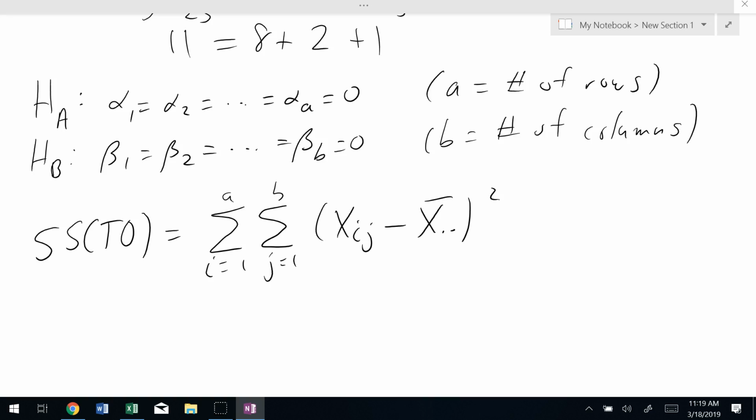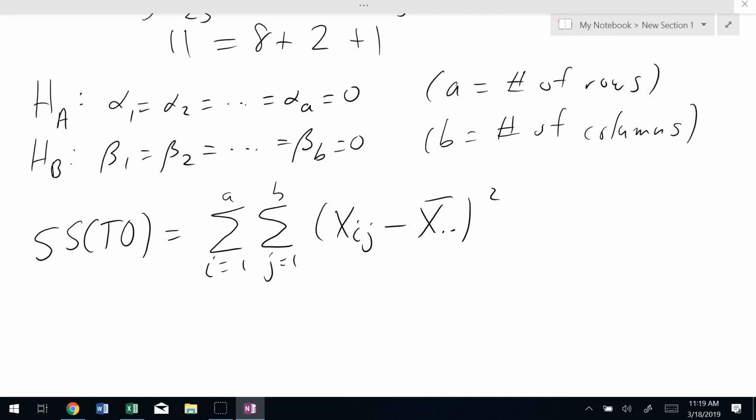So if I take this and multiply it by a times b minus 1, because that would be the total number of entries minus 1, that'd be the degrees of freedom, and divide it by sigma squared, I have a chi-squared random variable. We talked about doing this in the last section. It's the same kind of stuff. So this is chi-squared with ab minus 1 degrees of freedom. A times b minus 1 degrees of freedom, right?